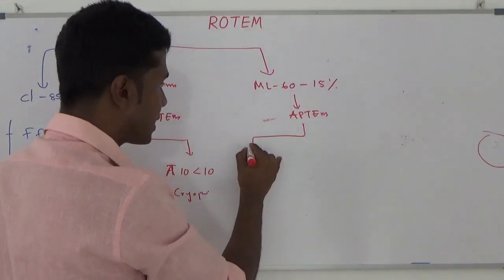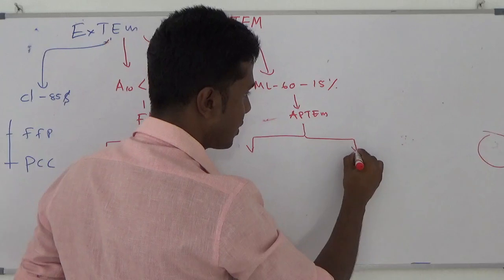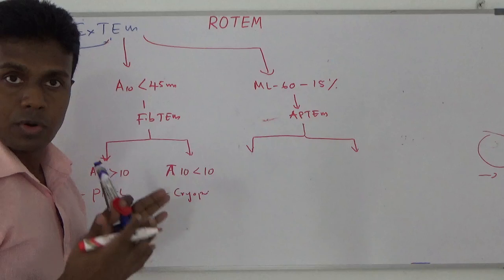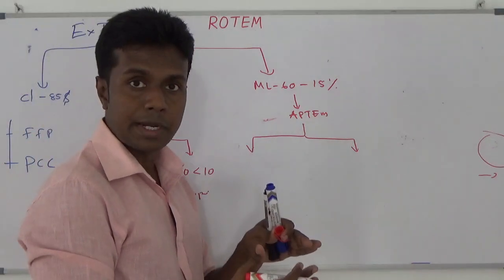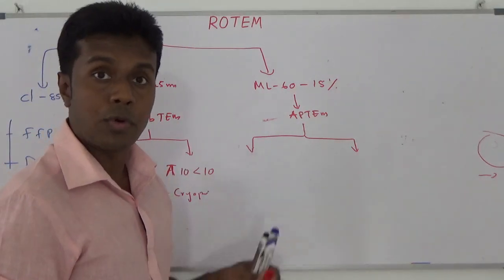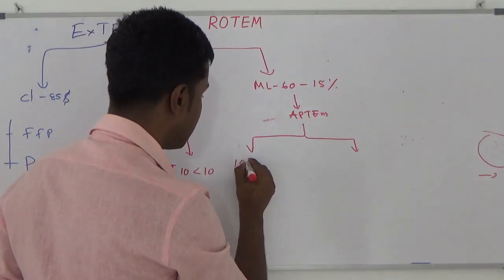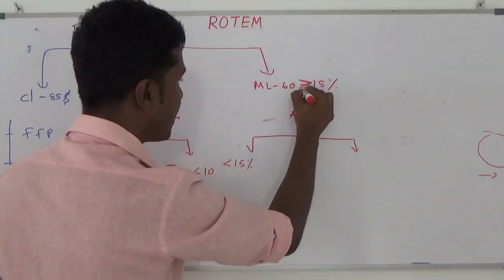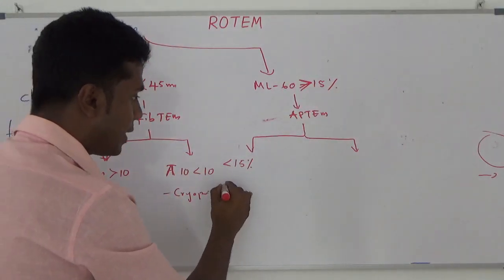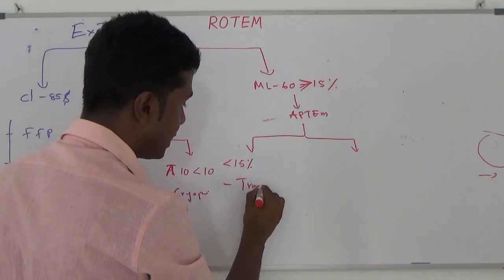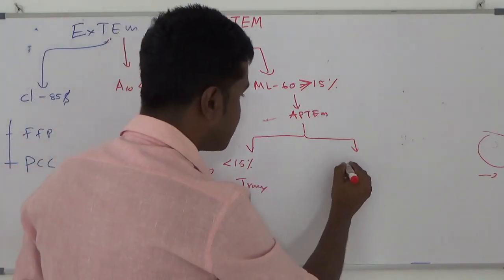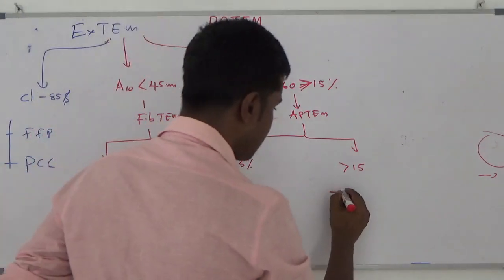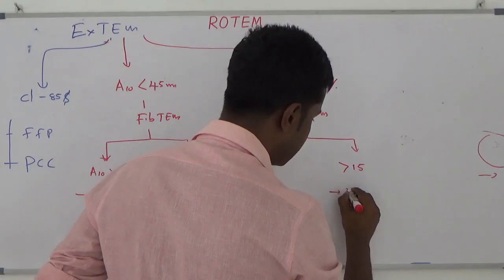Once you neutralize the proteolytic enzyme activity, if you have a normal coagulation, your proteolysis now becomes normal, less than 15%. Here it should be more than 15%. If it is less than 15%, you have to give tranexamic acid. It will help. If it is more than 15%, you still have to give sometimes factor 13.